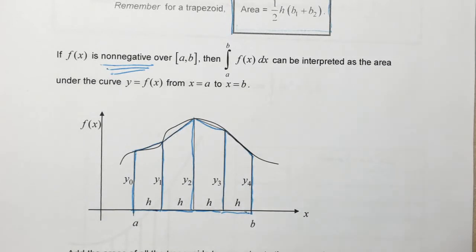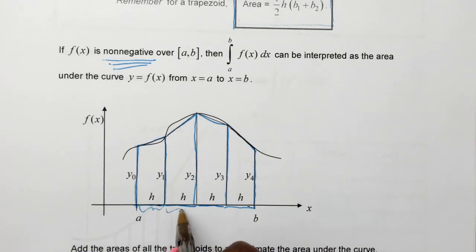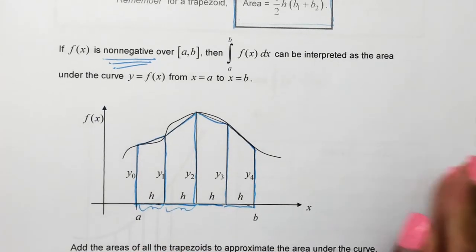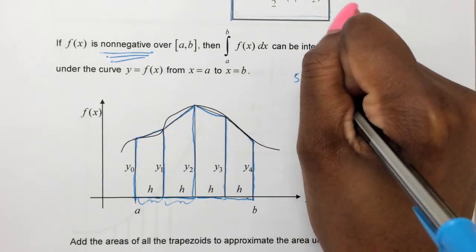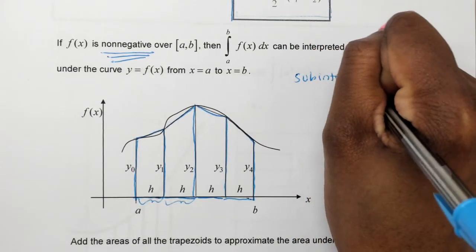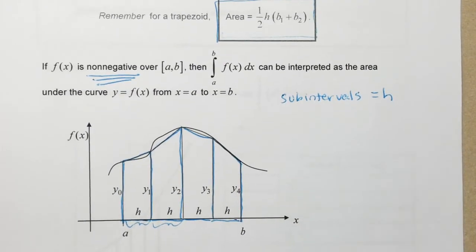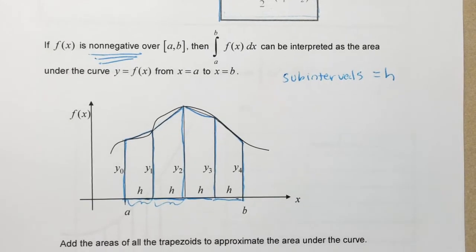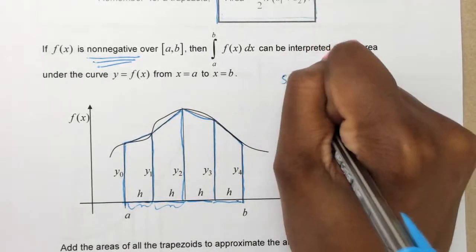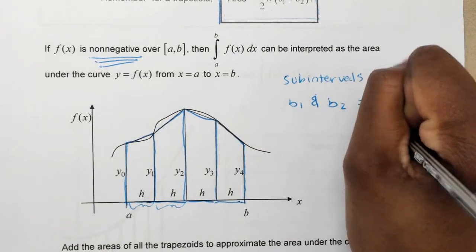Each one of these spaces is called a subinterval, which we know from 5.1. Our subintervals are the h's in my area equation. So each subinterval is an h. The b1 and b2 are all the y values.